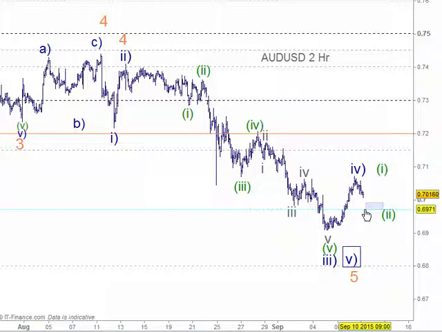So that's one point that we need to look at: that 69.70 area, 61.8, can maintain the bullish pattern to the upside.